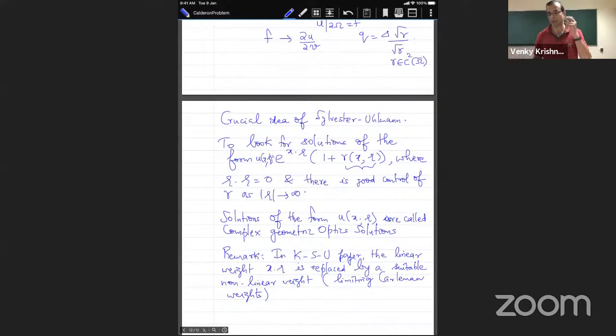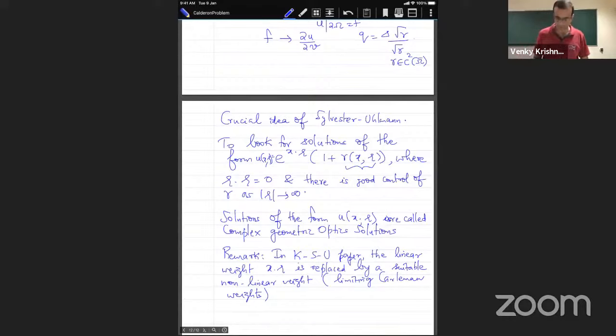But the thing is that zeta R corresponds to the real part of the x gradient, and zeta I would correspond to the imaginary part of the x gradient of the weight. Therefore the length of the real part of the x gradient should be the same as the length of the imaginary part, and these two should be perpendicular to each other. So this is what is called the limiting Carleman weight, and this seems to be crucial.